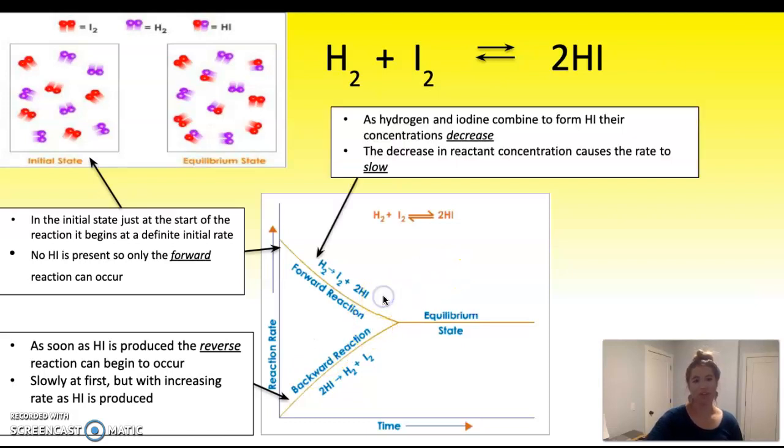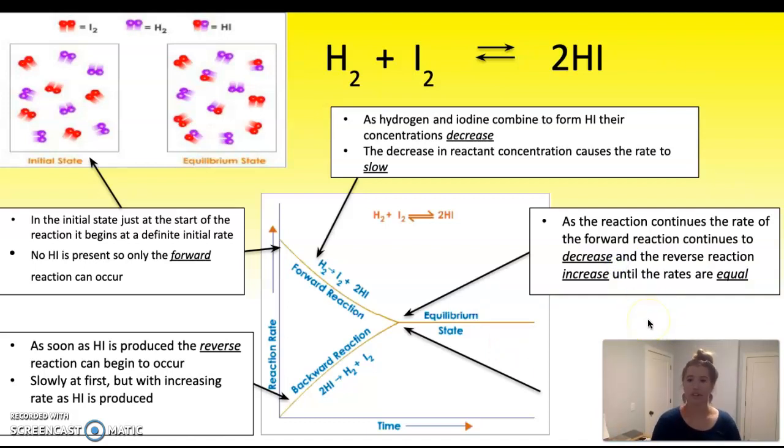Okay? So what I want you to notice is at the beginning, we're just going to have a little bit of hydrogen iodide. And so that means only a little bit's going to go back into the reverse reaction. Right? But as time passes and we get more hydrogen iodide, then it's more capable of going in the reverse reaction.